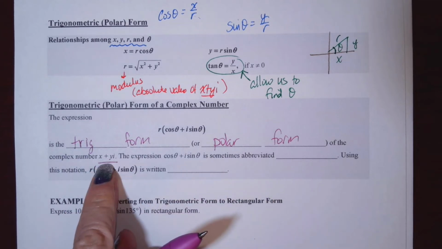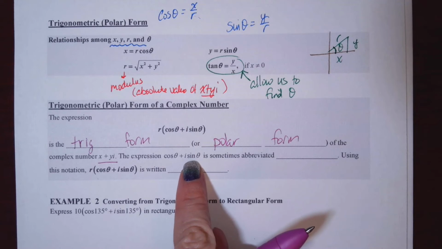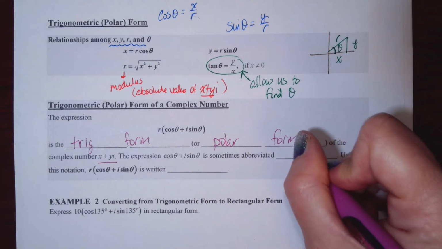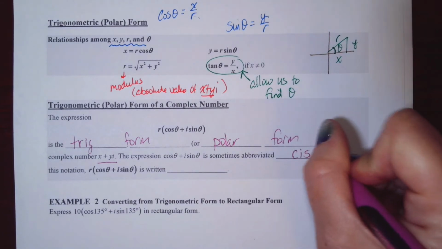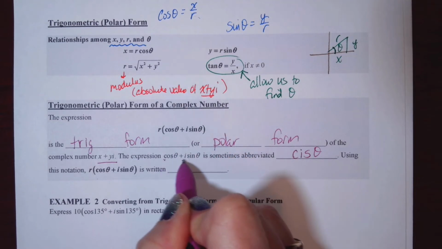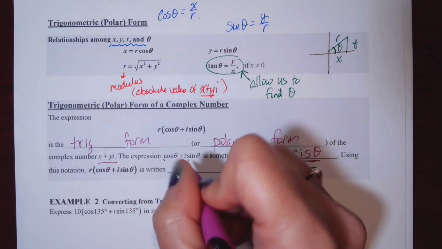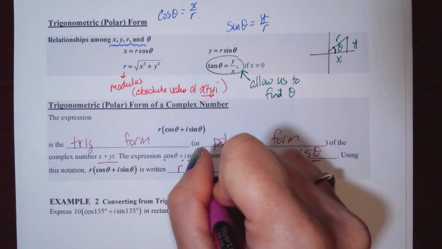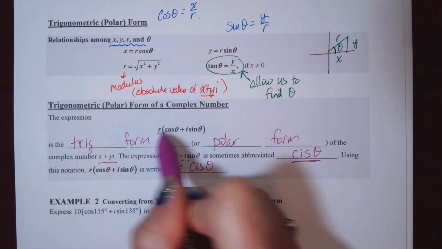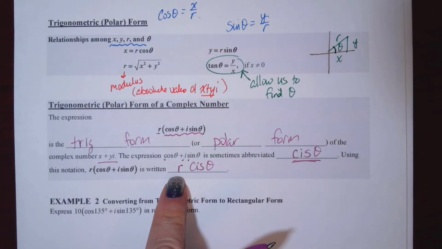Now notice I've just replaced a and b with x and y. This expression, cosine theta plus i sine theta, gets kind of lengthy to say. So I will abbreviate that as CIS theta. That's my abbreviation. Using this notation, I would write it as r CIS theta, because we have r times that sum cosine theta plus i sine theta. So this is my shorthand. This is my abbreviation for my trig or polar form.